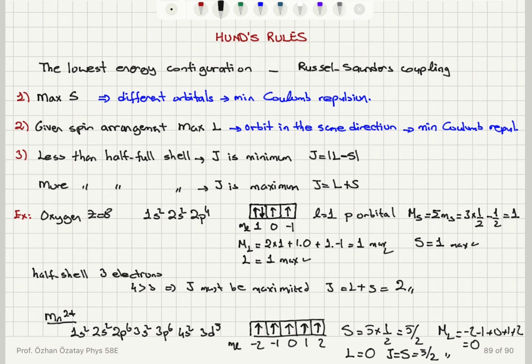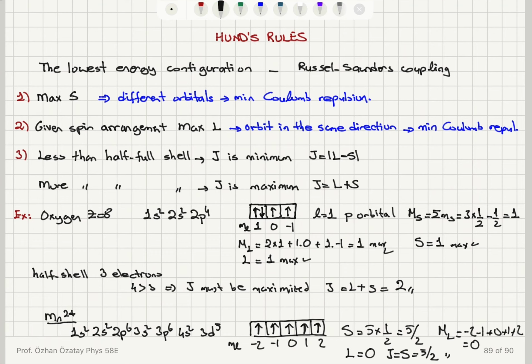If the valence electrons form a less than half full shell, then J has to be minimized. If it's more than half full shell, J has to be maximized. And the reasoning behind these is basically to minimize the Coulomb repulsion as much as possible.